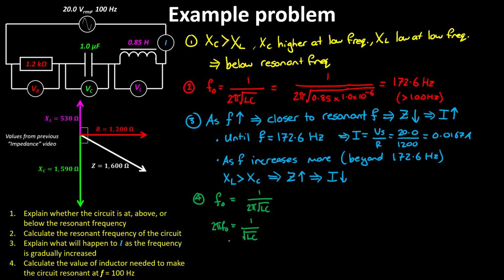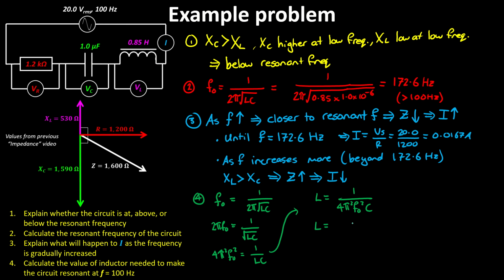I'm going to square both sides. 4 pi squared f naught squared is 1 over LC. And then I can rearrange that for L. It's going to be 1 over 4 pi squared f naught squared C.